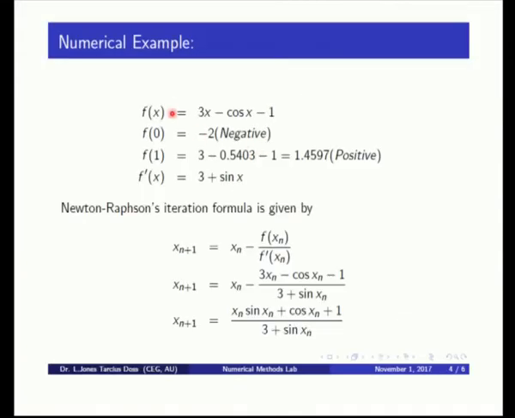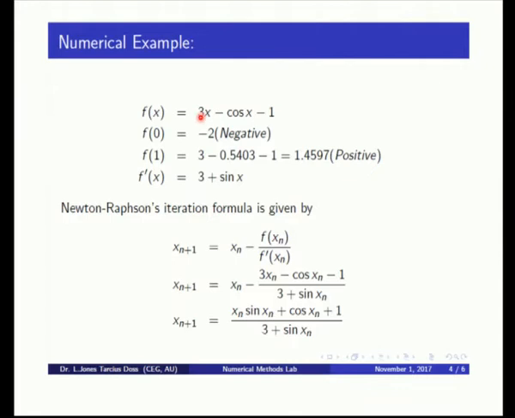Numerical example for that. Let f of x be 3x minus cosine x minus 1, and we have to identify the starting point. How to identify the starting point? Arbitrarily we substitute two different values for x. For example, put x equal to 0, I get 3 times 0 which is 0, minus cosine 0 which is minus 1, so I get a negative value.